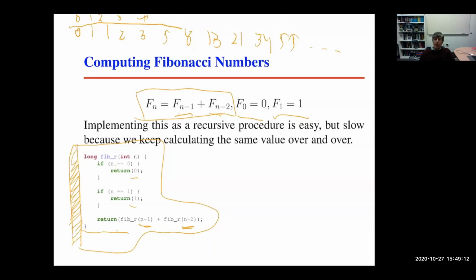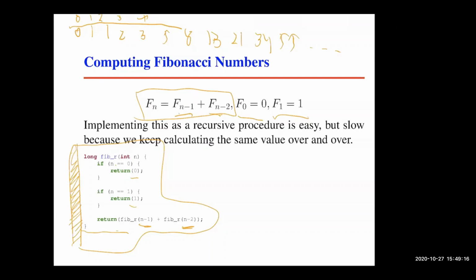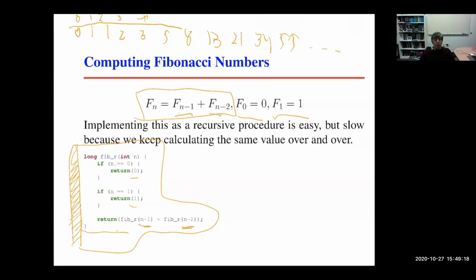Any comments about it? I do have one question. Why are we returning a long? The reason is long is a long integer, okay? And Fibonacci numbers get pretty big.